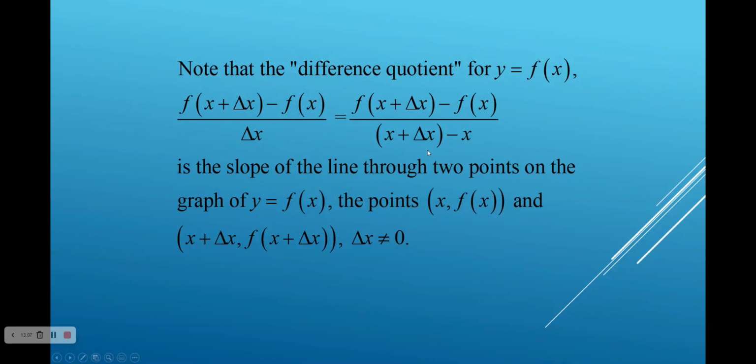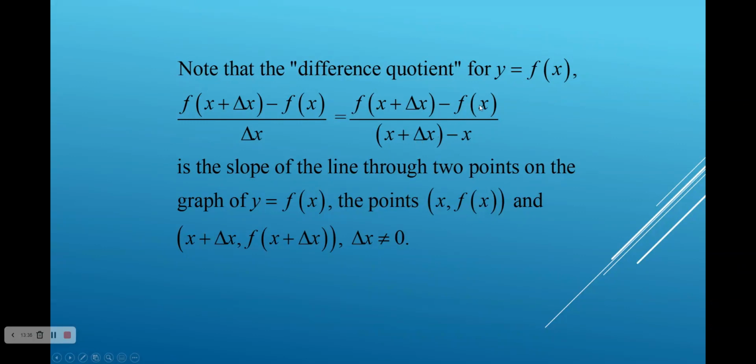Your difference quotient from algebra class is literally a representation of the slope of a line if you know 2 points on the line. If you've got a value for x and a value for delta x that's not 0, then this f of x plus delta x gives you a y value on your graph of your function corresponding to the x value of x plus delta x.